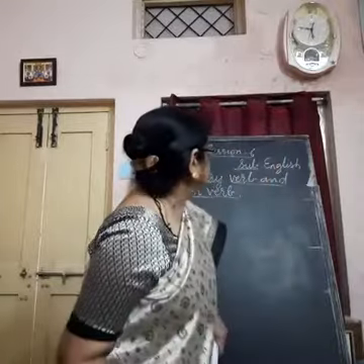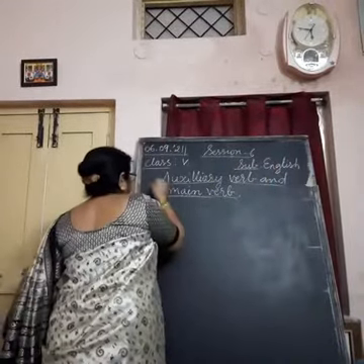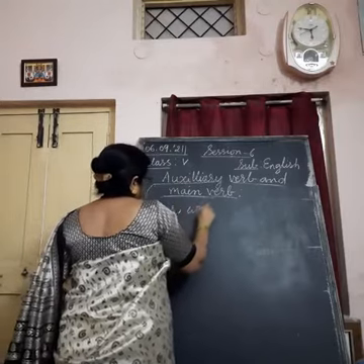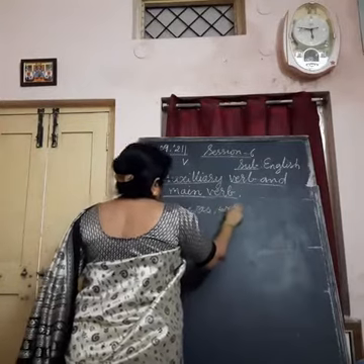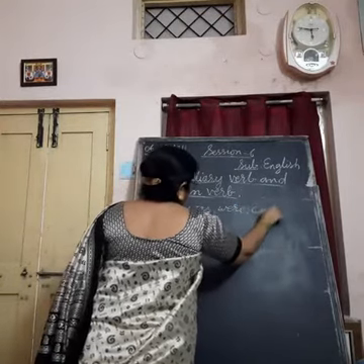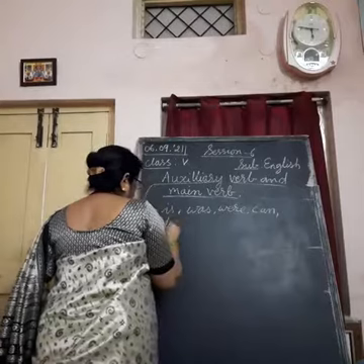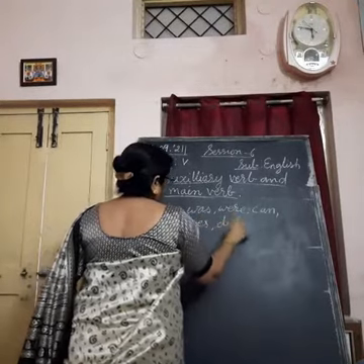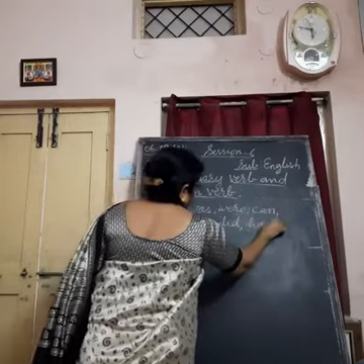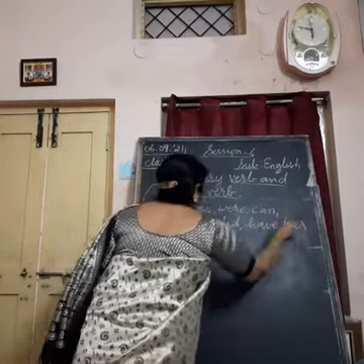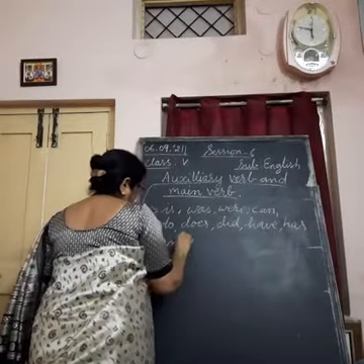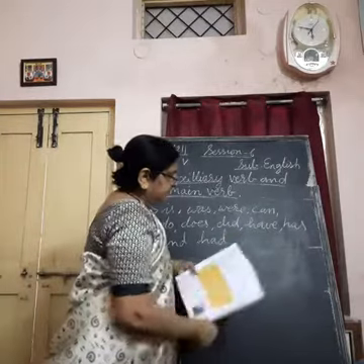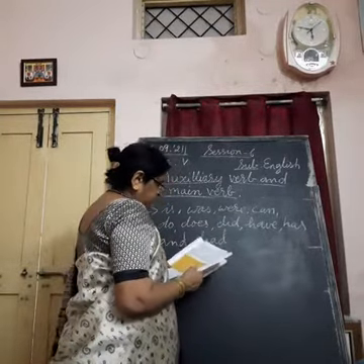For example, is, was, were, can, do, does and did, have, has and had. These are called auxiliary verbs.